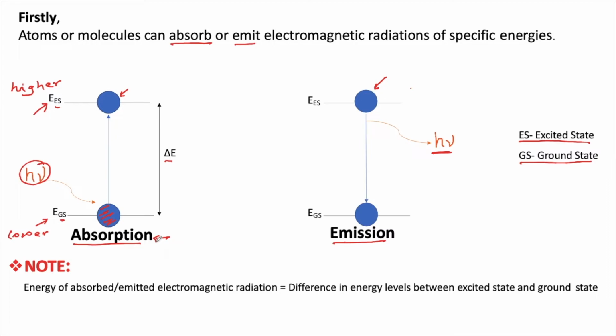The important part we should take care of when this interaction is taking place is that the energy of the absorbed or emitted electromagnetic radiation should be equal to the difference in energy levels between the excited state and ground state. Otherwise, the absorption will not be able to take place. So I can also say that delta E should be equal to hν. This is the very important criterion for absorption to occur.